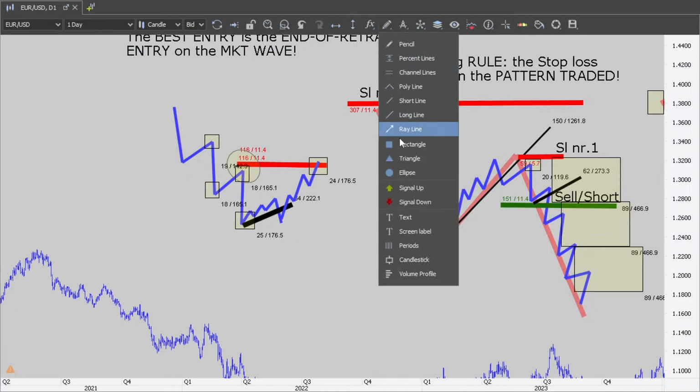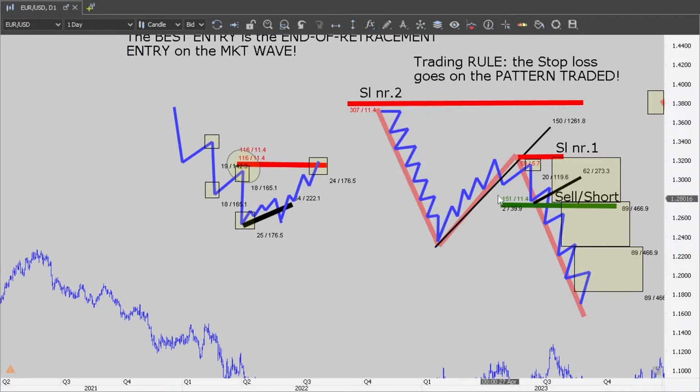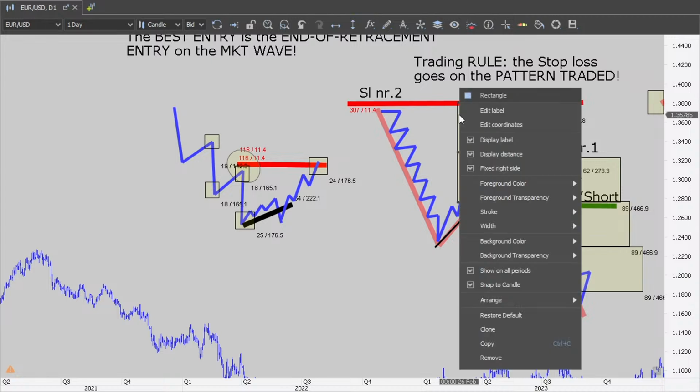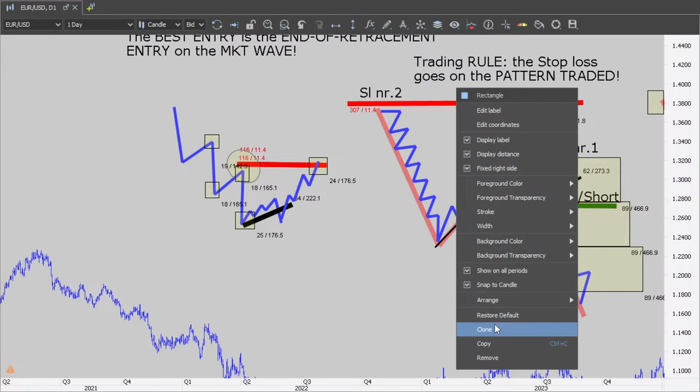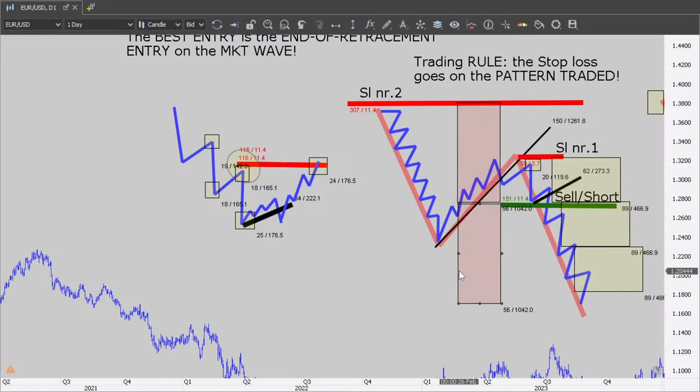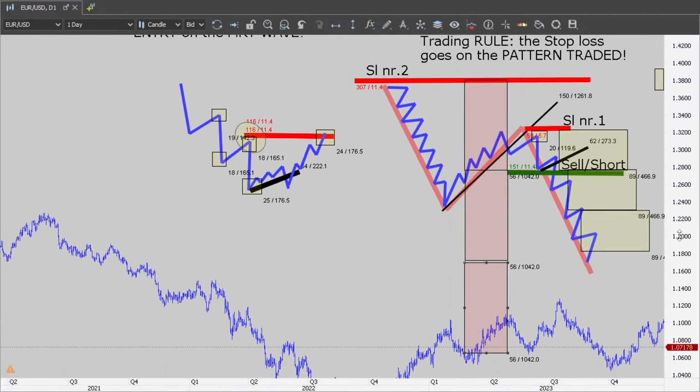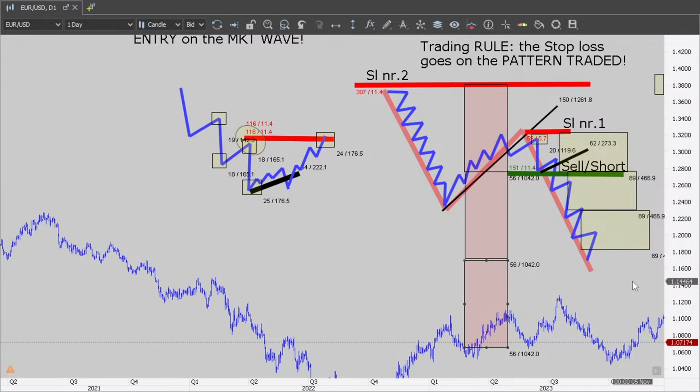If I'm choosing to trade the market wave, this is the level of my stop loss, so it's going to take a little bit more time. I'm going to profit take down in here. Does this make sense?